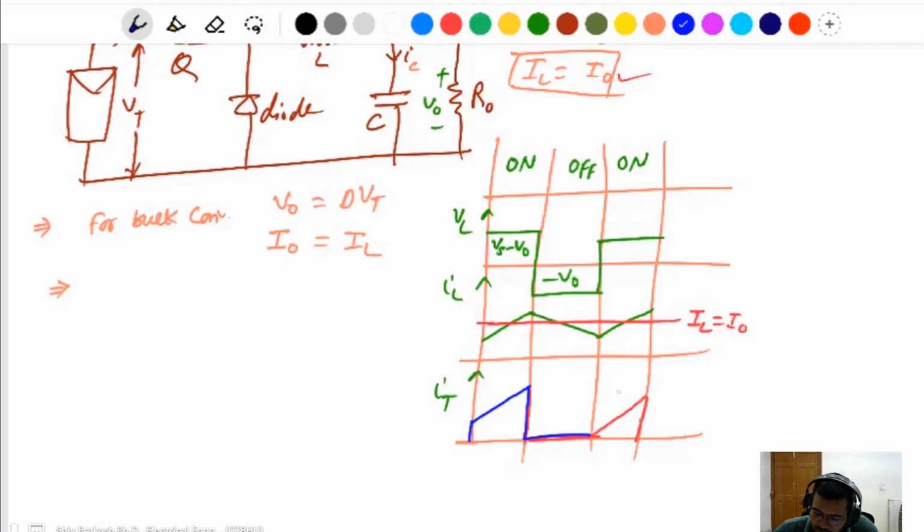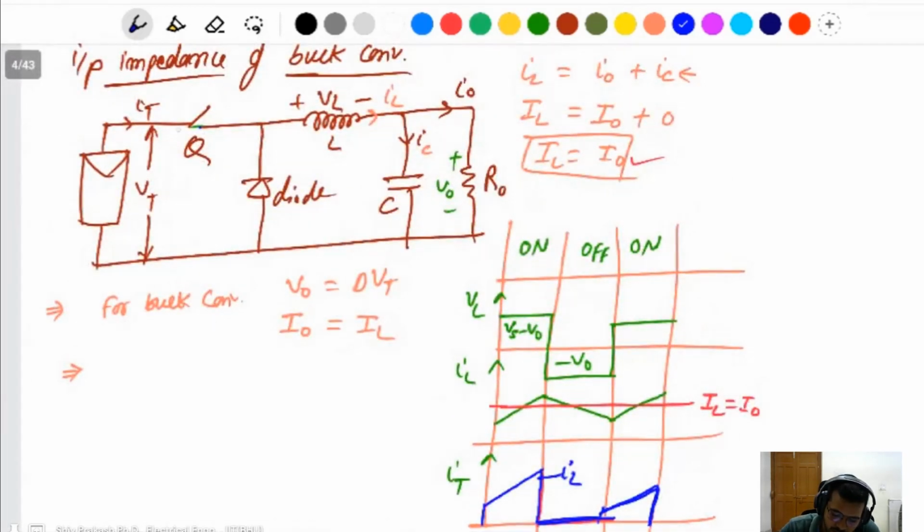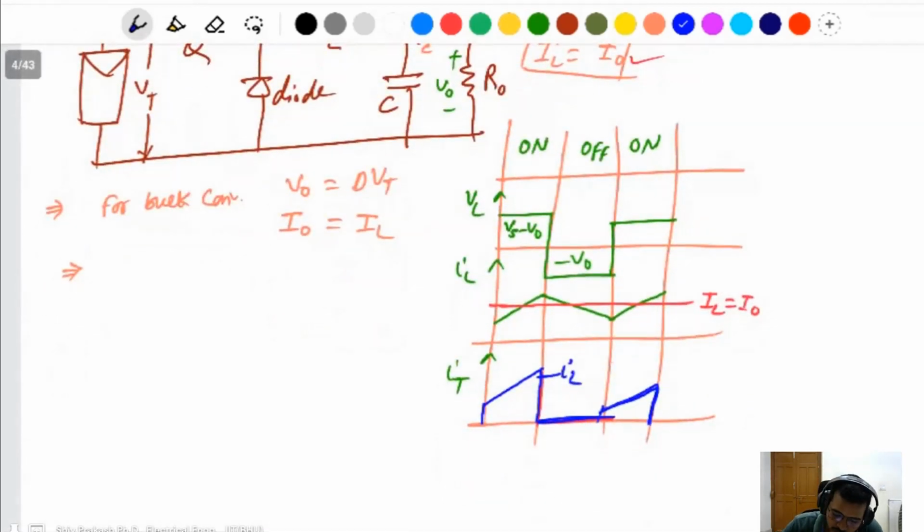In steady state, this current flows at the input side. This current is the same as the IL current, because when the switch is on, the same current as IL flows in the input side. When the switch is off, it will be 0. The average of IT is the same as IL, flowing when the switch is on.